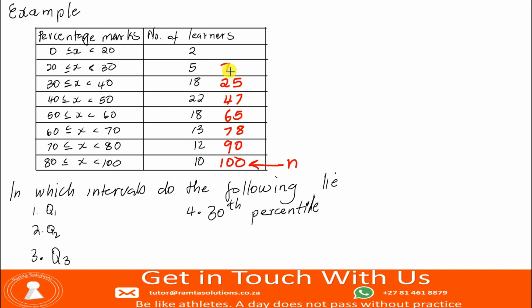So now let's look at this red color. To know the actual number of participants or data in your survey or whatever experiment you have, this is what we do. 2 plus 5 is 7. 7 plus 18 is 25. 25 plus 22 is 47. 47 plus 18 is 65. 65 plus 13 is 78. 78 plus 12 is 90. 90 plus 10 is 100.